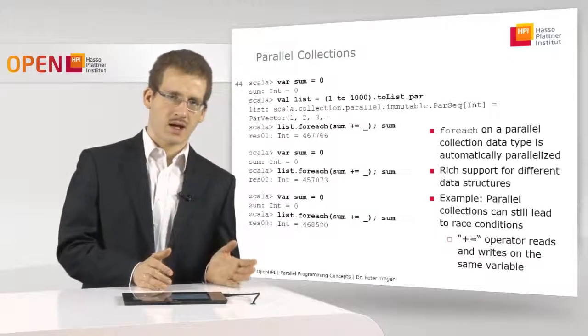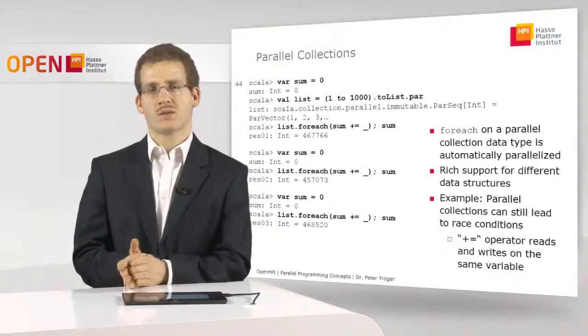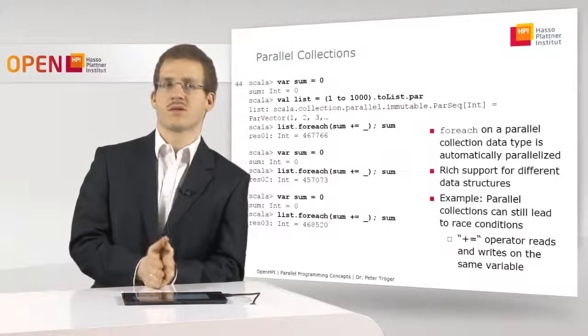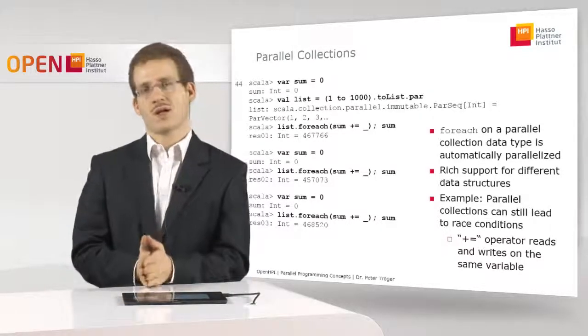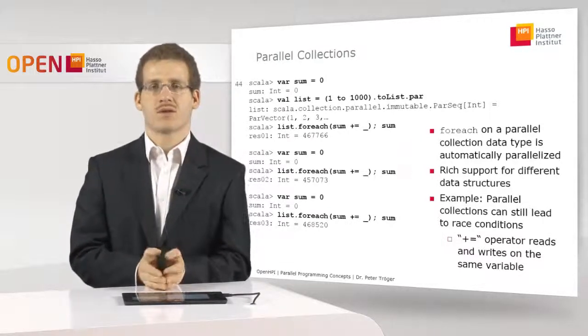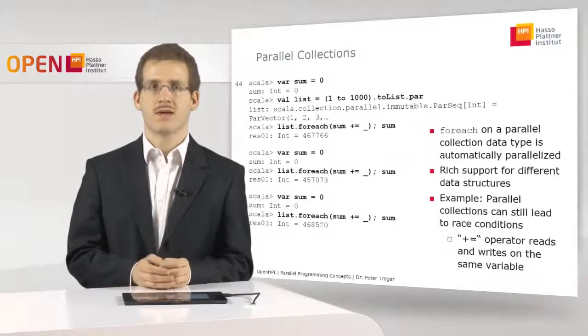When we say that Scala has all the different things we already talked about in one language, then the question is, what about parallel collections? And the message is also this is supported in Scala. So you have concurrent hash maps, concurrent sets, all these different data structures that do the synchronization by themselves based on their member functions.